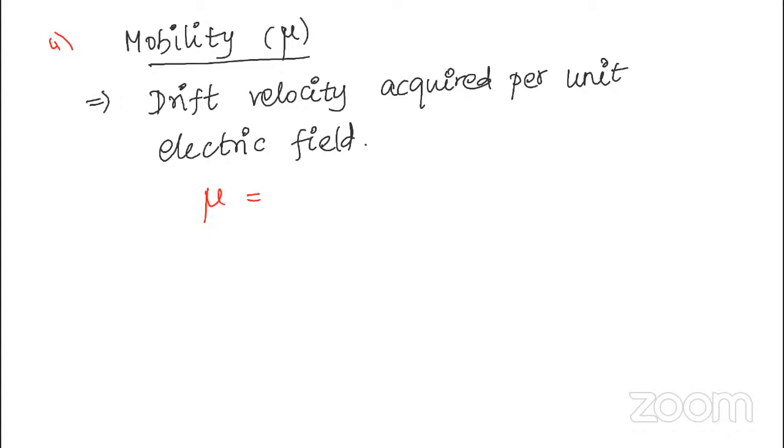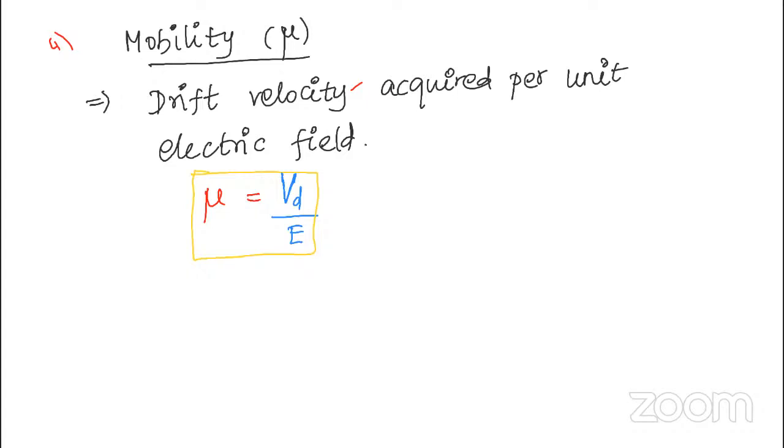The drift velocity we are writing as Vd, divided by electric field, which is E. So simply we are using this formula, that is mu is equal to Vd divided by E. Here the suffix we have to write is d.